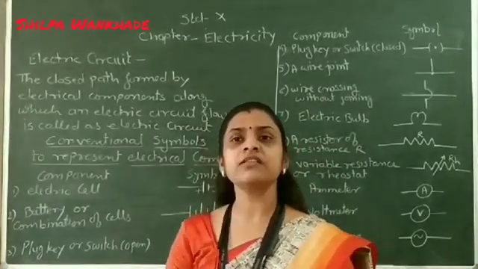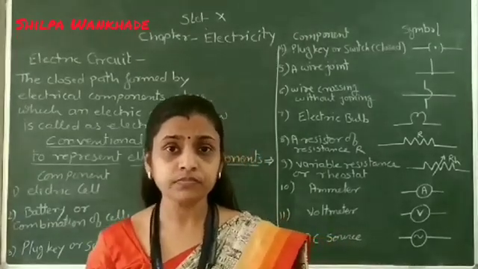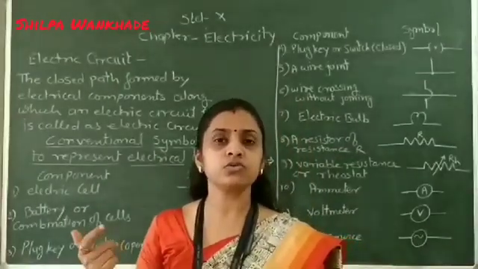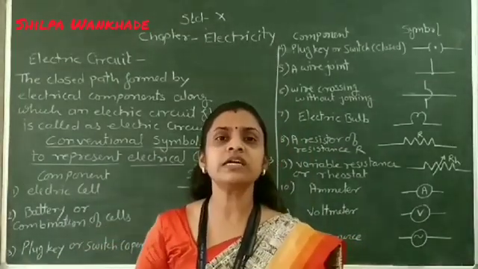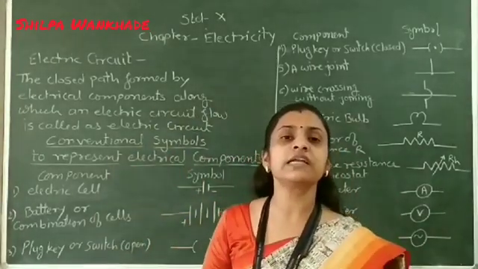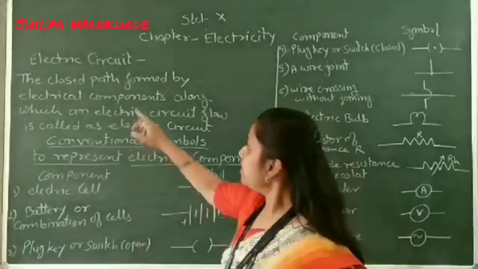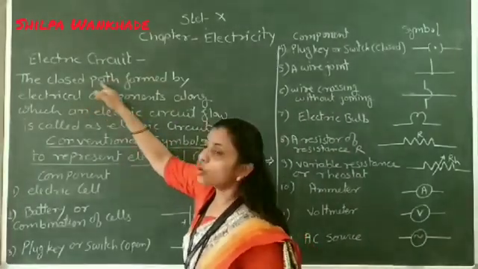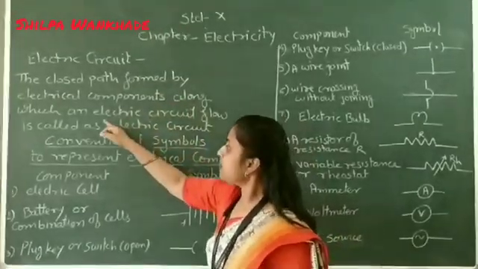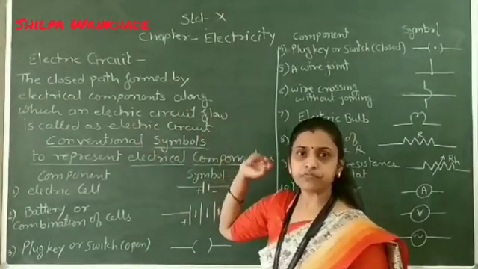In an electric circuit, there are different electrical components connected with each other so that the electric current flows through them and we get the required result. That is called an electric circuit.